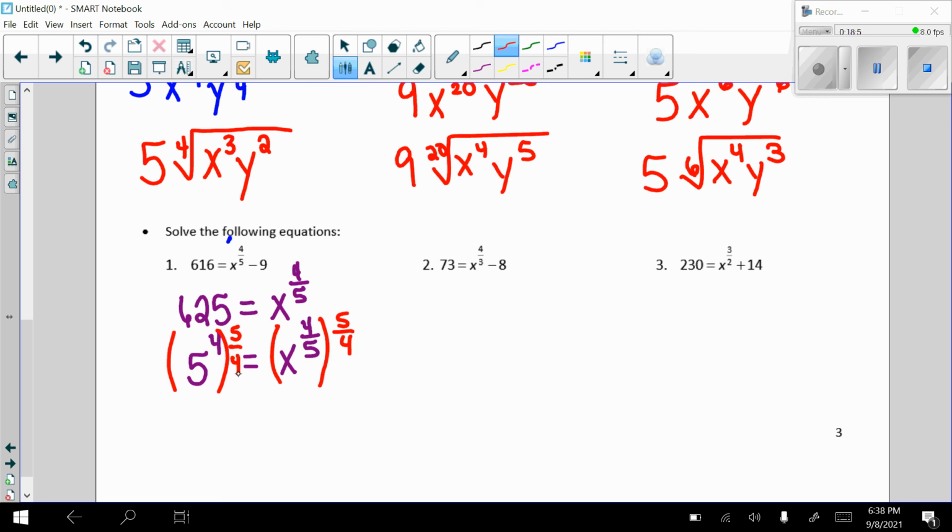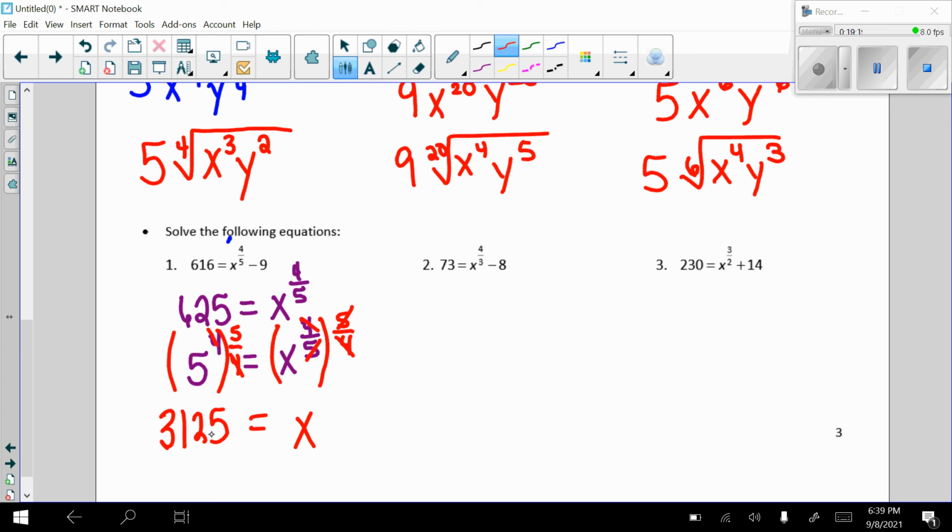On the right side, you'll notice 4 over 4 cancels, 5 over 5 cancels, and we are left with x. On the left side, the 4 over 4 happens to cancel, and we're left with 5 to the 5th power. I believe that was on your packet. 5 times 5 times 5 times 5 times 5 is 3,125.